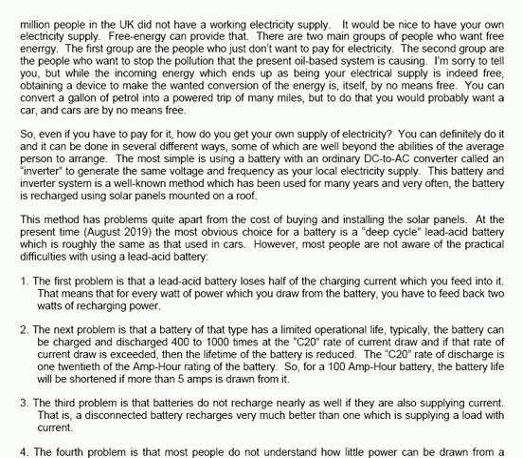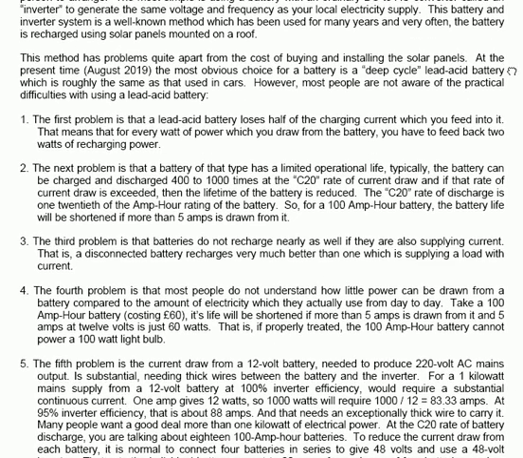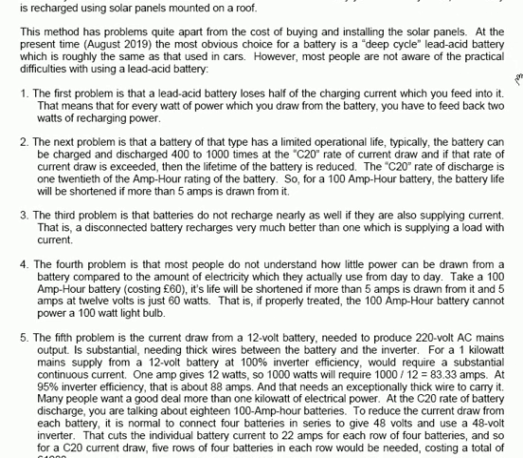The first problem is that a lead acid battery loses half the charging current which you feed into it. That means that for every watt of power that you draw from the battery, you have to feed back 2 watts of recharging power. Secondly, the next problem is that a battery of that type has a limited operational life.